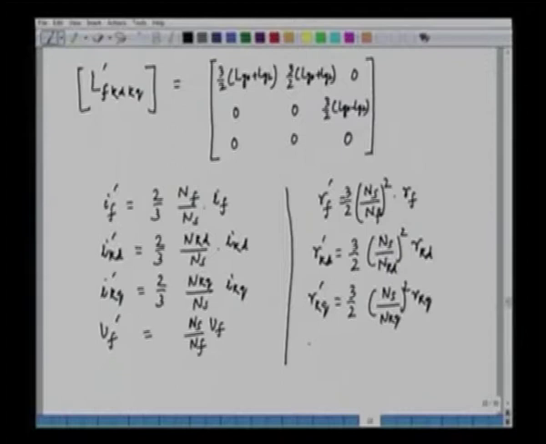The leakages are also transformed in the same way. For example, LLF, the leakage inductance of the field winding, is equal to 3 by 2 times (Ns by Nf) whole square into the actual leakage inductance of the field winding. These are the parameters as reflected from the primary side in the dq reference frame.